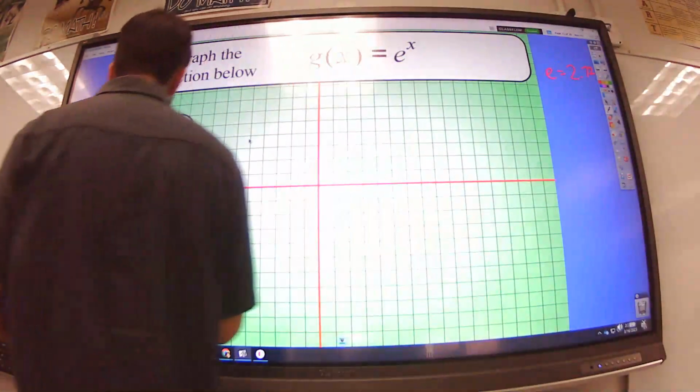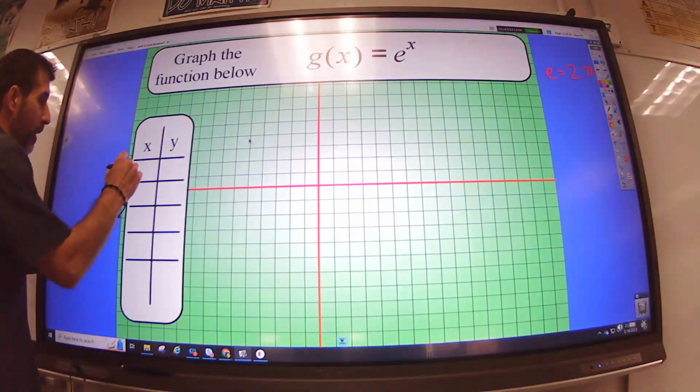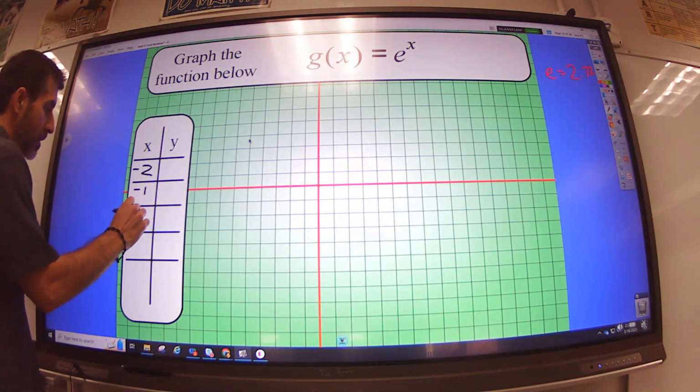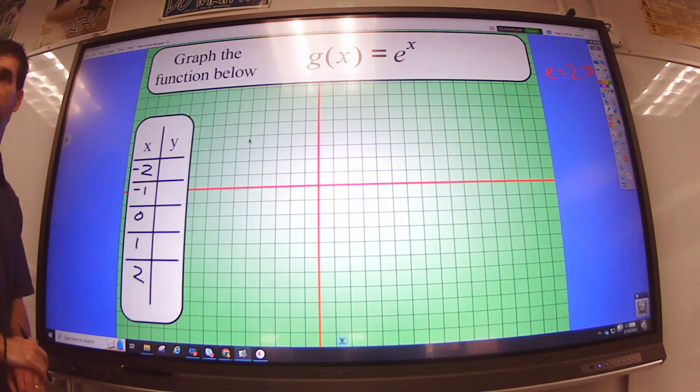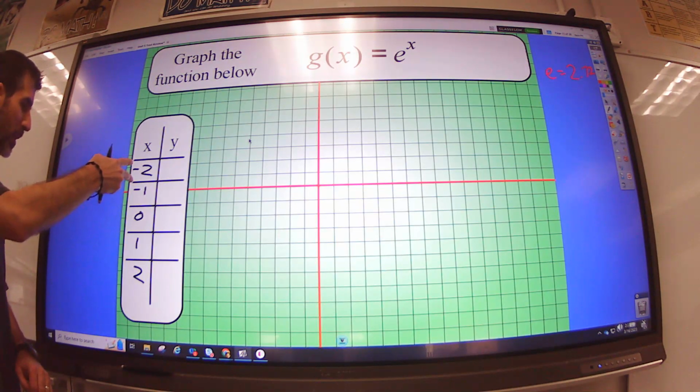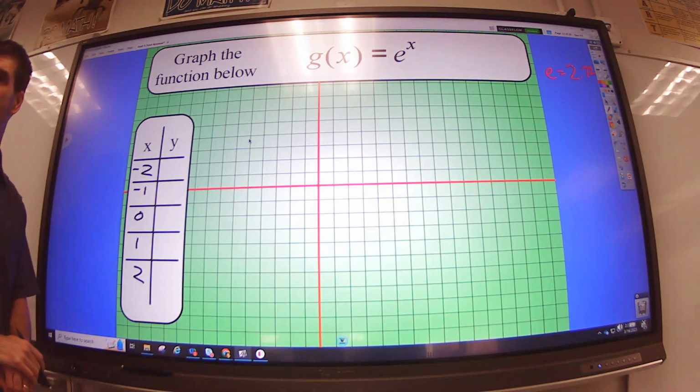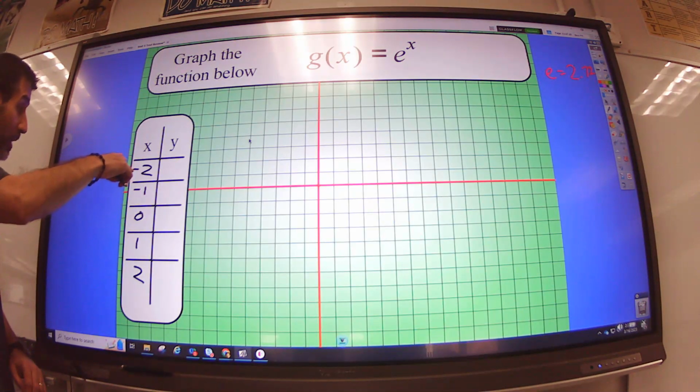And I figured 2 negatives and 2 positives would be great. You could put negative 3, negative 2, negative 1, 1, 2, 3. You know what I mean? But see how this is kind of like in the middle? Anyhow, let's say g of x equals 2.72 to the x instead of e.